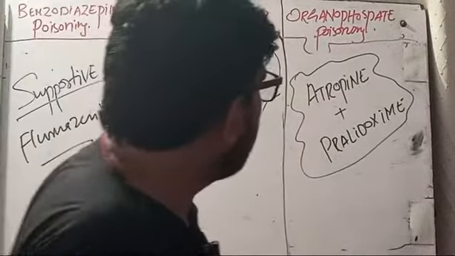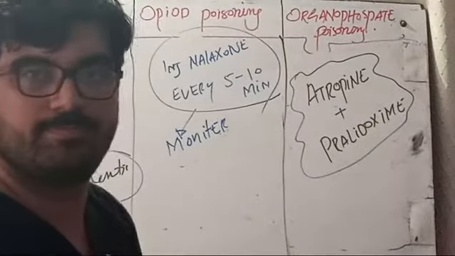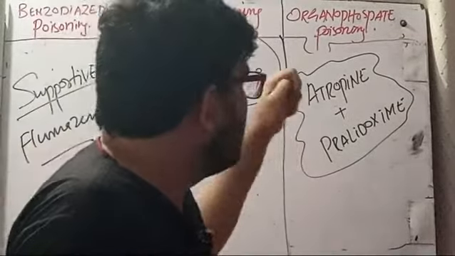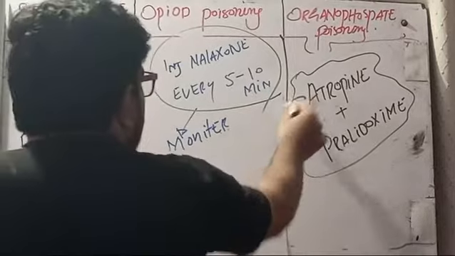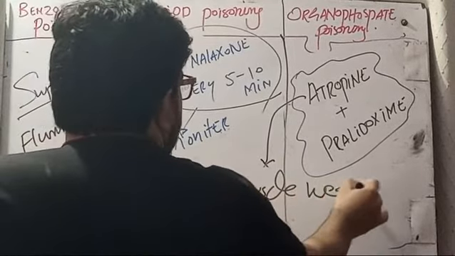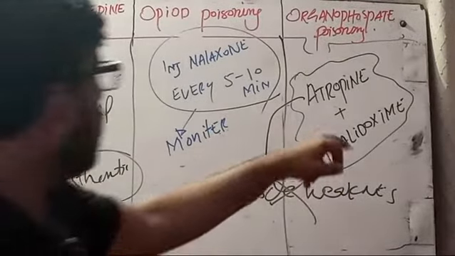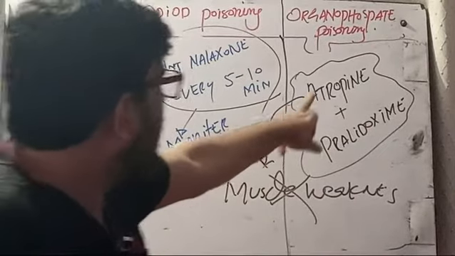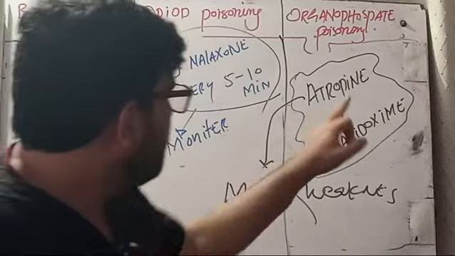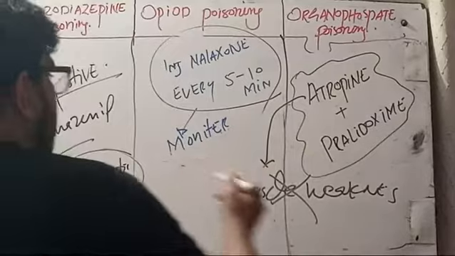Coming to organophosphate poisoning, we give atropine and pralidoxime. What is the difference between the two? We give both in an emergency, but atropine cannot reverse the muscle weakness. This is the key point. It cannot reverse the muscle weakness because there are no receptors for atropine at the muscle. But pralidoxime reverses it.